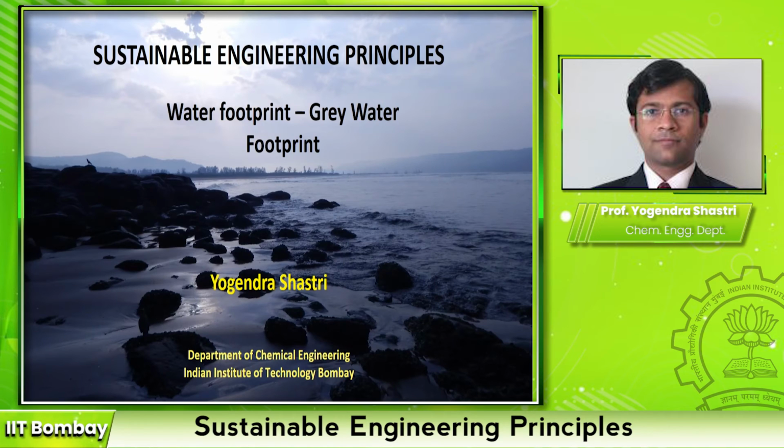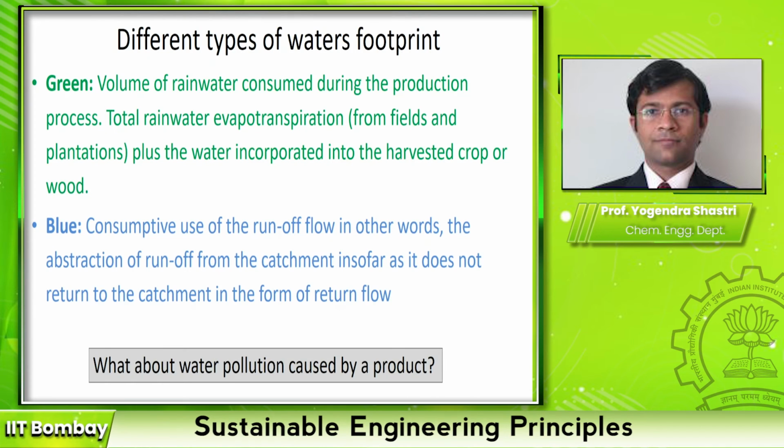In this module, we will focus on the third component of water footprint, which is known as the grey water footprint. So these are the definitions of green and blue water footprint. Green water footprint includes the volume of rainwater consumed during the production process, and blue water indicates the consumptive use of runoff flow, or in other words, water removed from ground or surface water sources.